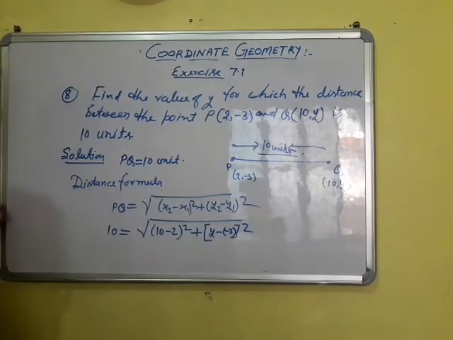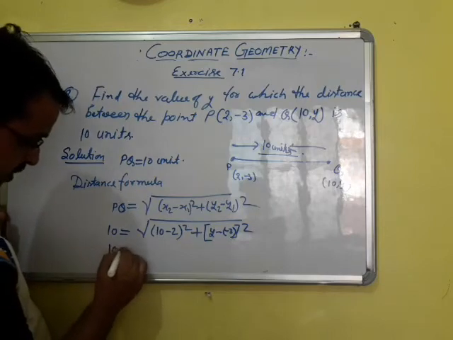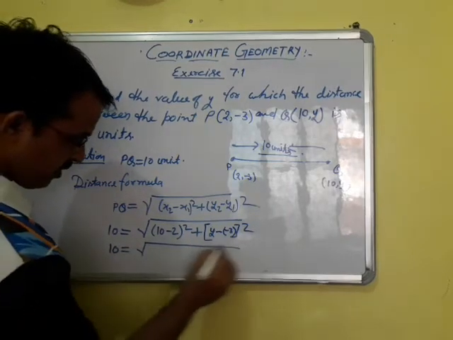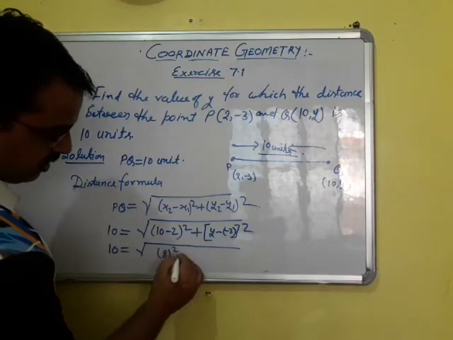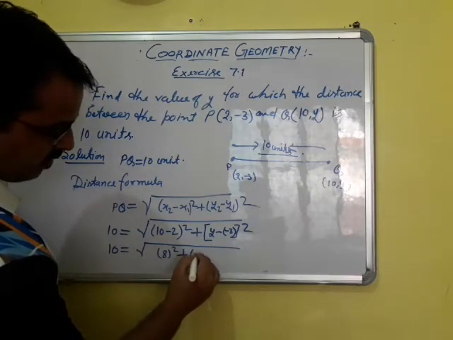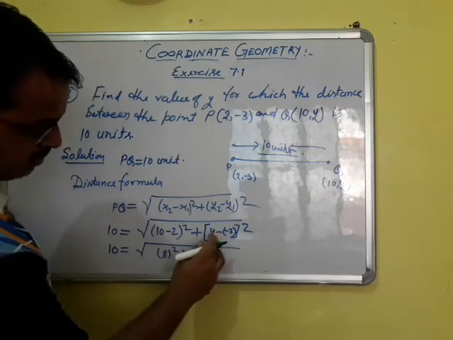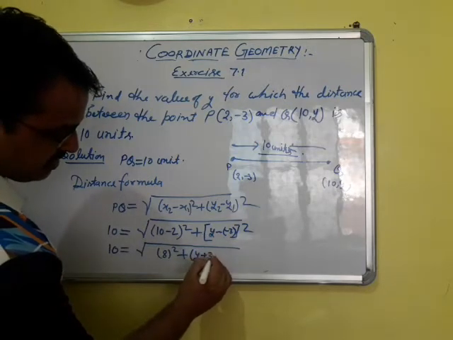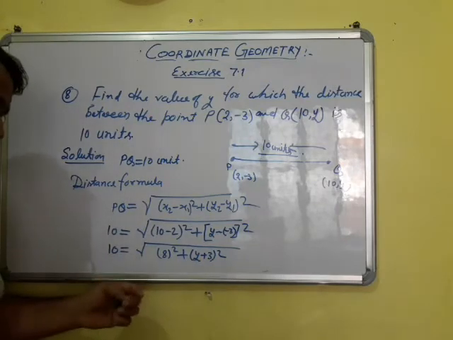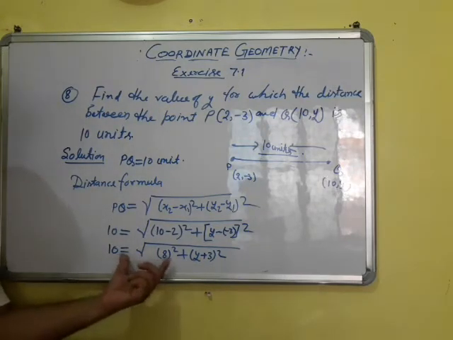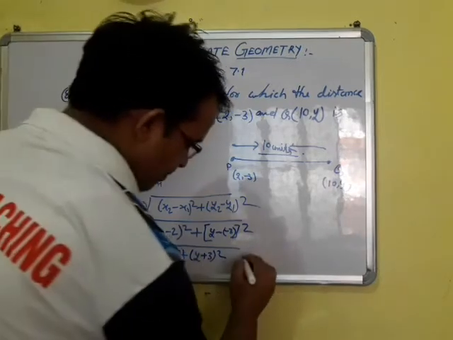Clear? So take another step. 10 minus 2 we get 8 whole square, and plus y minus into minus multiplication is plus, so (y plus 3) whole square. Clear? To find the value, in this equation we have to square both sides.